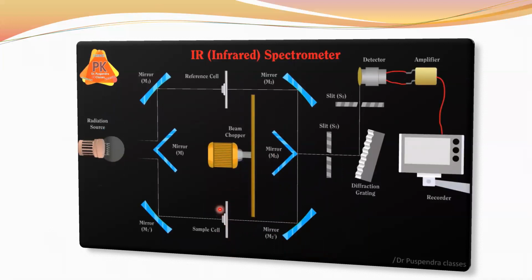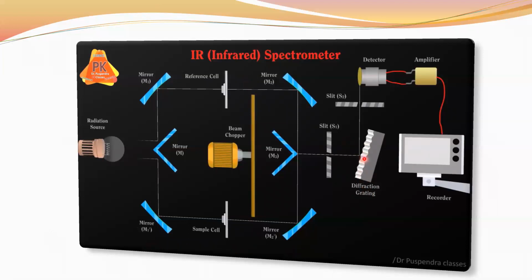The sample is placed here, and it is the beam chopper. It alternatively passes the reference beam and the sample beam. It moves upward and downward, then it chops alternatively the reference and the sample beam. It is the diffraction grating.